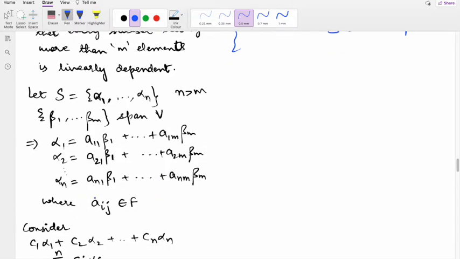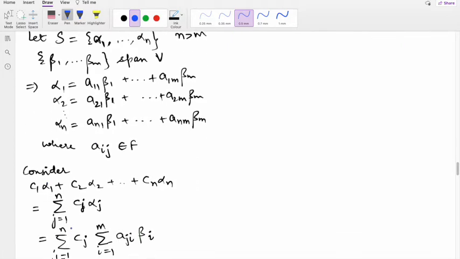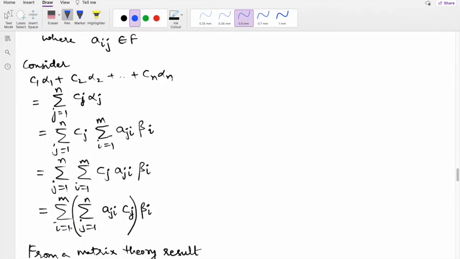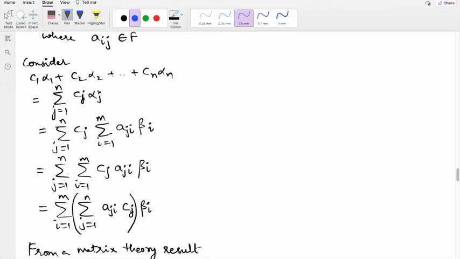Now I consider a particular linear combination of alpha 1 to alpha n with scalars c1, c2 and so on. Then I expand this alpha j as the sum of aji times beta i, because each alpha j is some linear combination of beta i's. And then I'm putting this cj inside, which is fine.